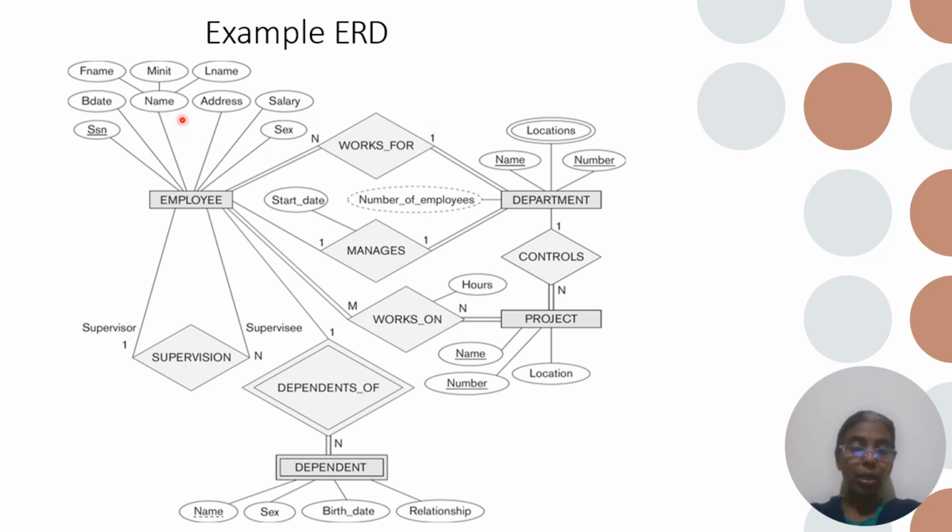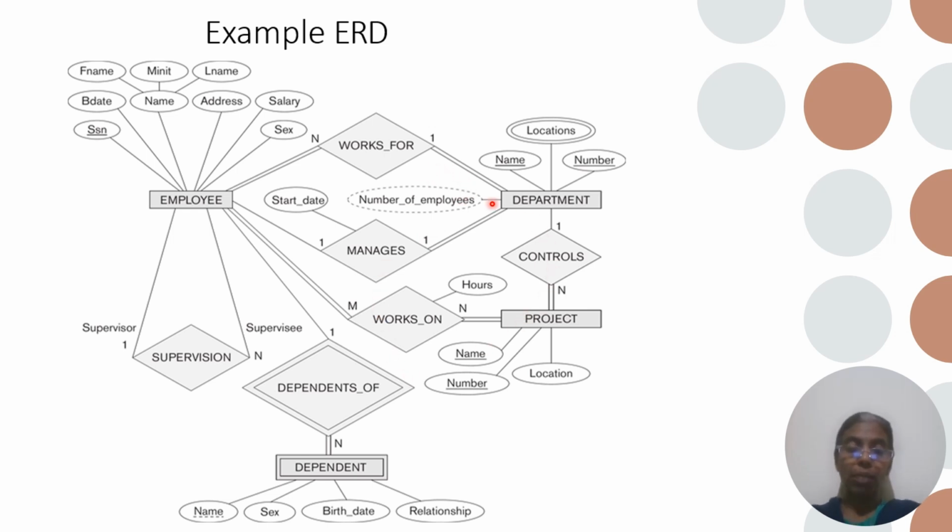But name is a compound attribute. It consists of first name, middle name and last name. And then we have some multi-valued attributes, which are represented using a double ellipse. And then we have one derived attribute, which is represented using a dotted ellipse.